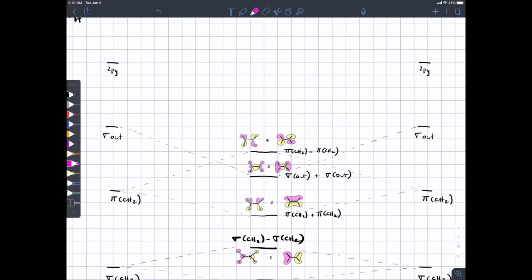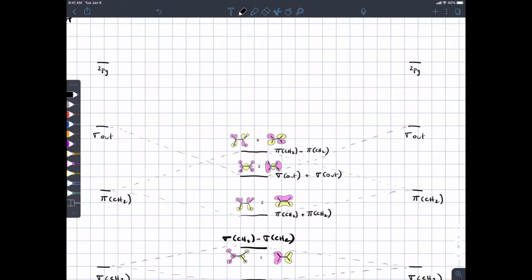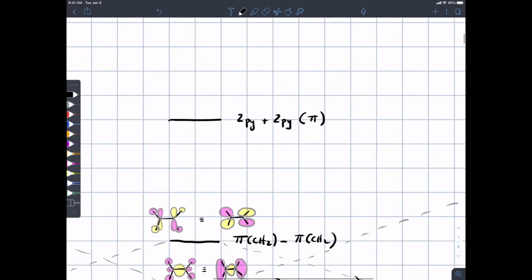Okay, so then we mix the two py orbitals together. And when we do that, this is the 2py plus 2py combination. Traditionally, we call this the pi orbital in sophomore organic chemistry.